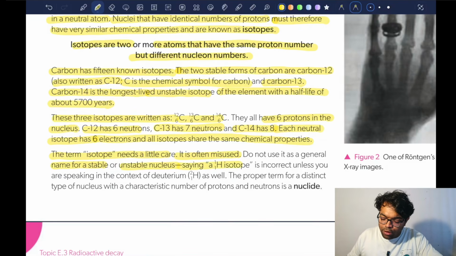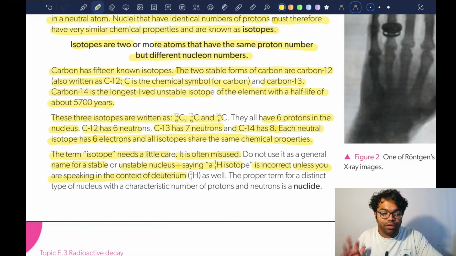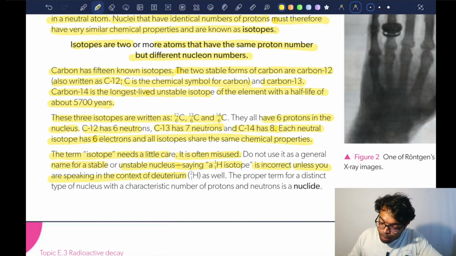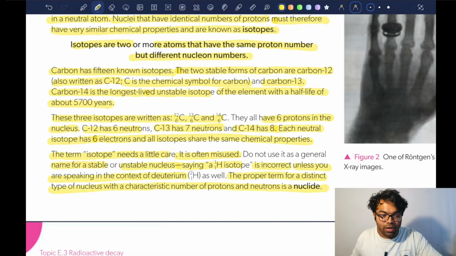Saying hydrogen 1 isotope is incorrect unless you are speaking in the context of deuterium. Hydrogen has three different types of isotopes, mainly what we study: hydrogen, deuterium, and tritium. The proper term for a distinct type of nucleus with a characteristic number of protons and neutrons is a nuclide. It's not an isotope, it's a nuclide.